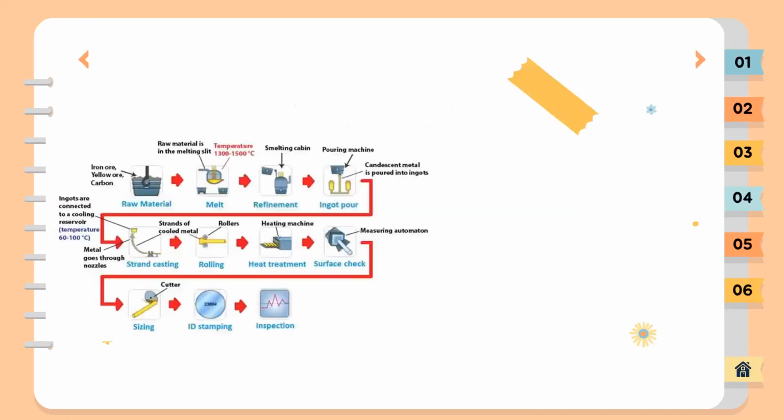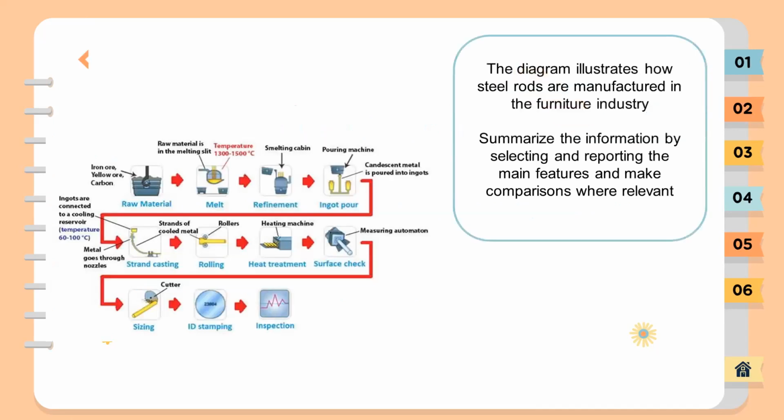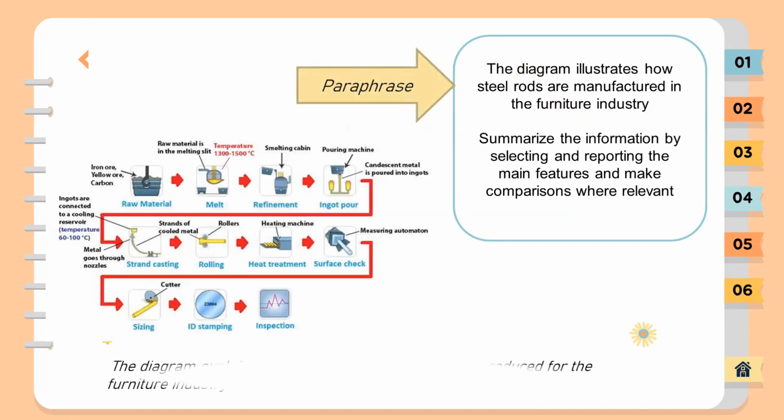And to be more specific, I will show you the key of writing task 1 is the paraphrase. Okay, so this is how I write the introduction. The diagram explains the way in which steel rods are produced for the furniture industry.